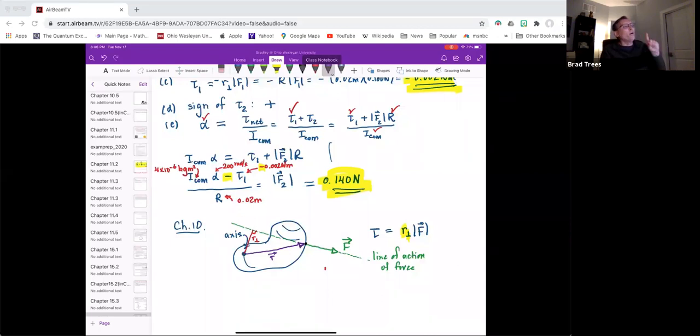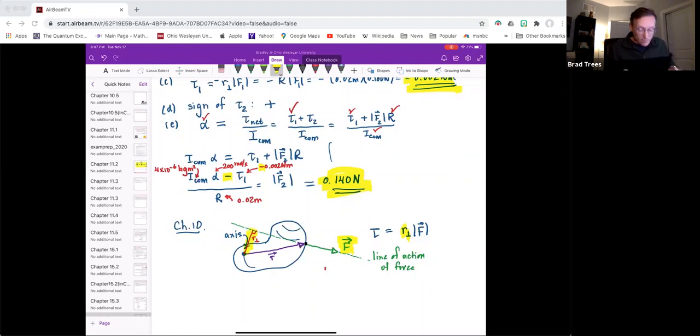R arrow points from the axis of rotation out to where the force is acting. Okay, so there's kind of my completed picture. Now to calculate this torque, I will need to know the magnitude of this force and this distance.